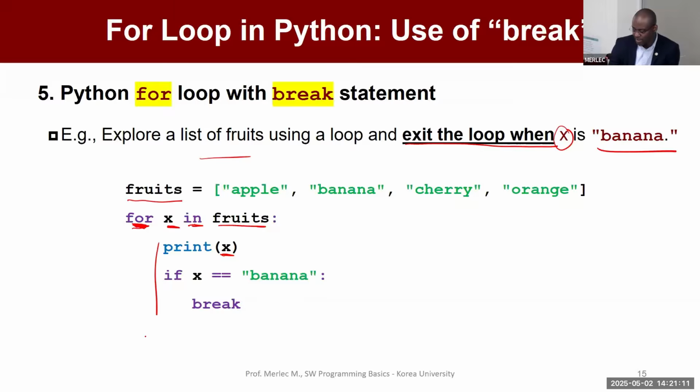Then there is this conditional statement: if the current value is banana, then break, that means exit the loop. If not, we go back again here until we meet banana. If we don't meet banana inside the list, we go until the end of the list, and the for instruction will be terminated normally without any interruption.